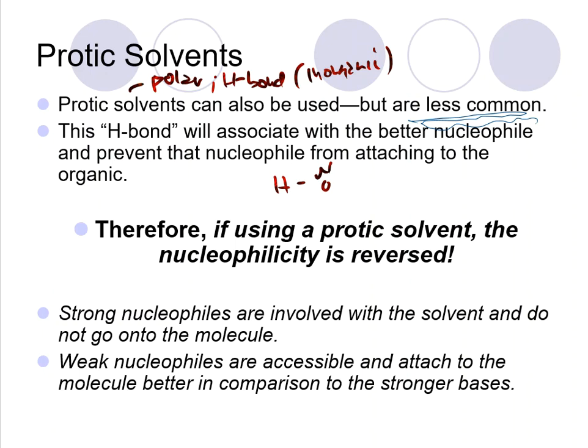An H attached to an N, O, or F. Well, this makes for a very polar compound. We see some polarity here. Oxygen's electronegative, nitrogen's electronegative. They're going to suck the electrons up, folks. They're going to suck those electrons up. And what we have is a partial positive and a partial negative.